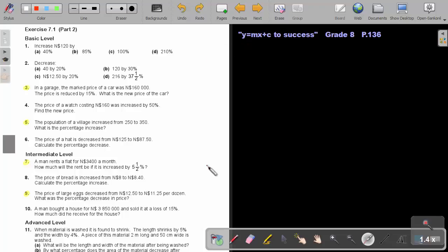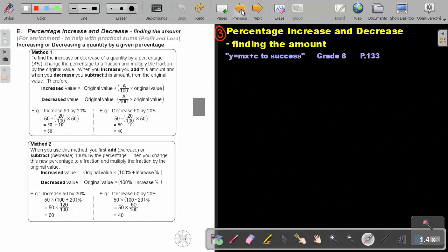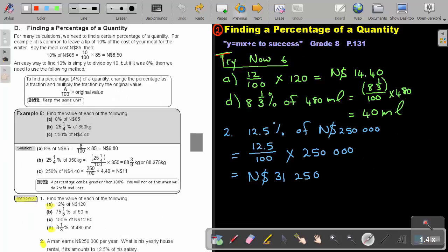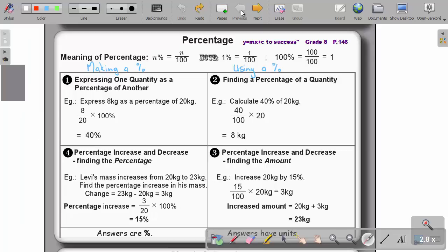You will find this exercise on page 136 in the Namibian Mathematics Grade 8 textbook, y equals mx plus c to success. Before we start with the exercise, I just want to take you back to the table. It's always good to first look at the table.